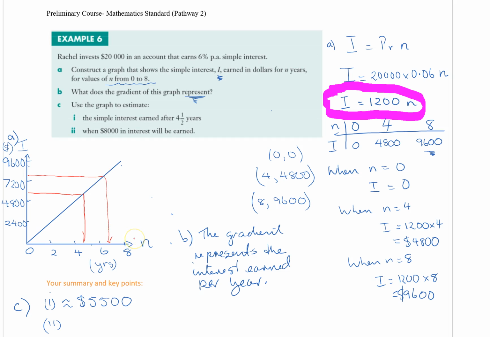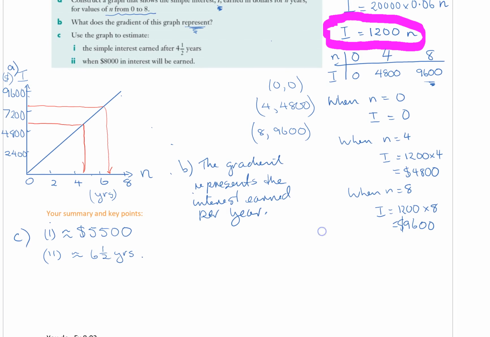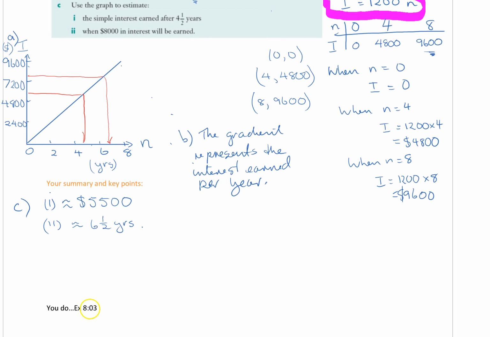Now we might estimate that to be approximately 6.5 years. And of course, if you want more exact values, then you use the formula. So that completes the notes and the example, and you can write up your summary and key points and then do 803.